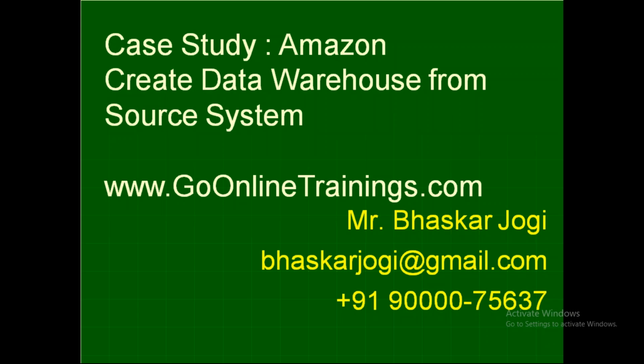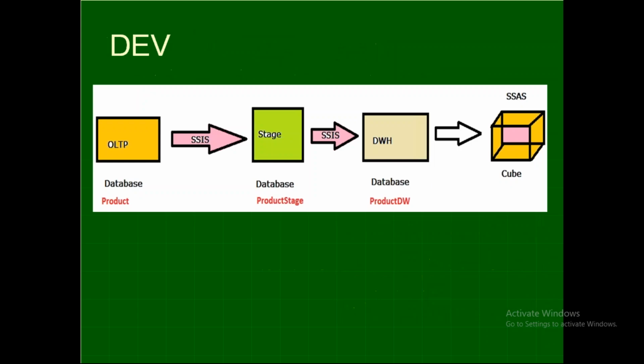You have a lot of data coming to Amazon.com, which is OLTP. So we have a database called the OLTP database. You can call it either the product database or the Amazon database. After that, I'm going to create a product stage, and from here the data will go to the product data warehouse database.